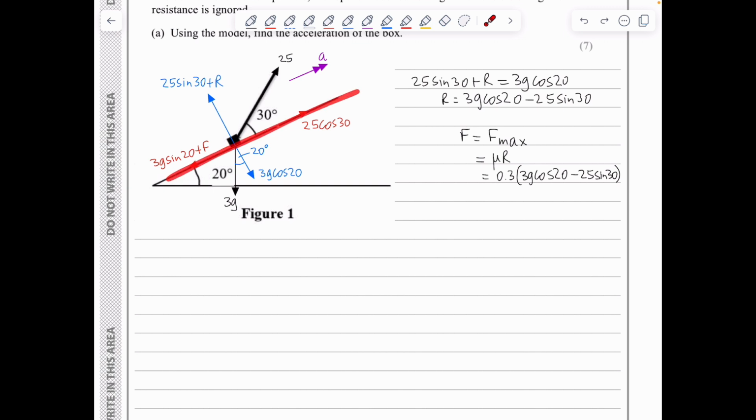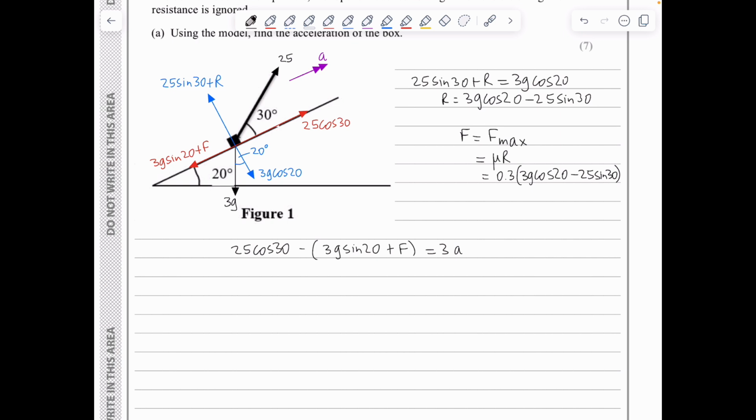Now, because the box is moving up the plane, then we've got a resultant up the plane. So I'll be doing forces acting up the plane, which is 25 cos 30, minus forces acting down the plane, which is 3g sine 20 plus F, is equal to mass, which is 3, times acceleration.